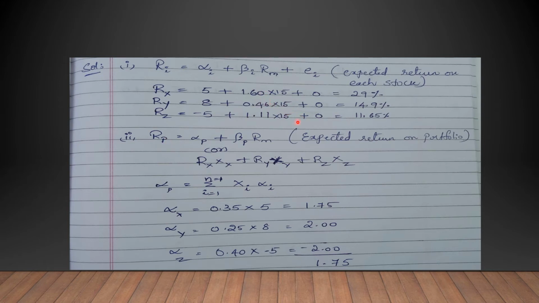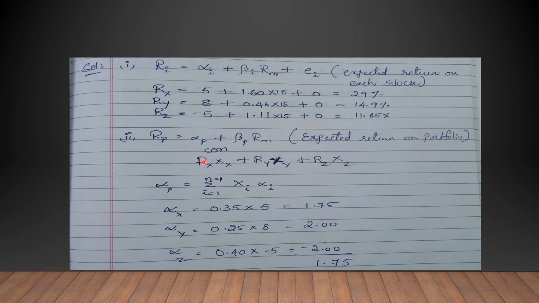After finding the return on each stock, we are going for the portfolio. So the return on portfolio equals alpha P plus beta P into Rm, or you can use the formula Rx into X plus Ry into Xy plus Rz into Xz. The return on portfolio here is similar to your Markowitz model.